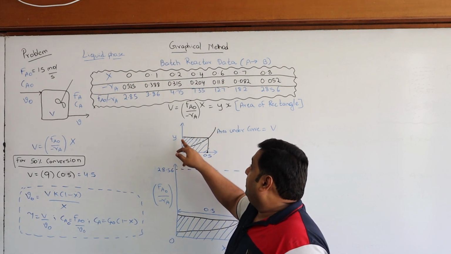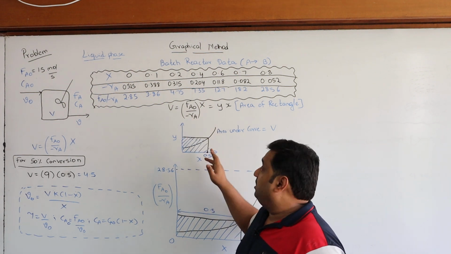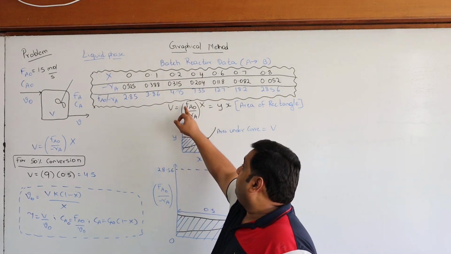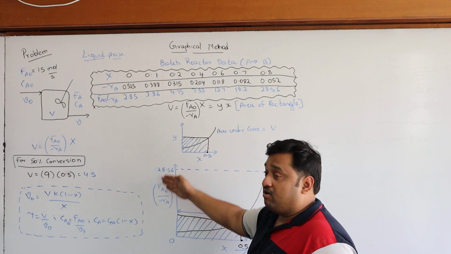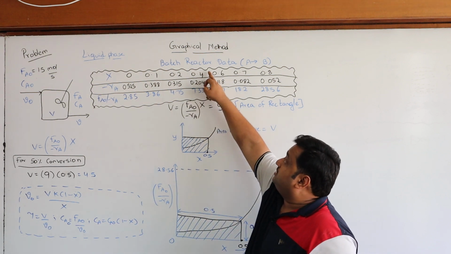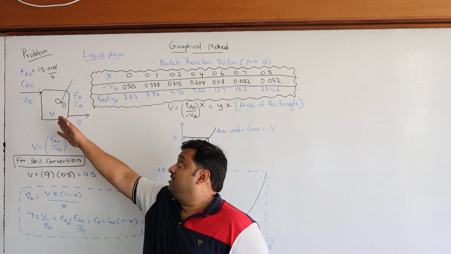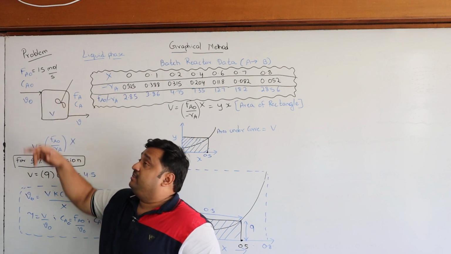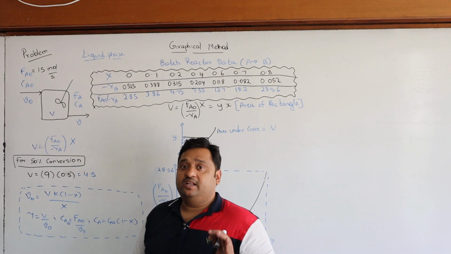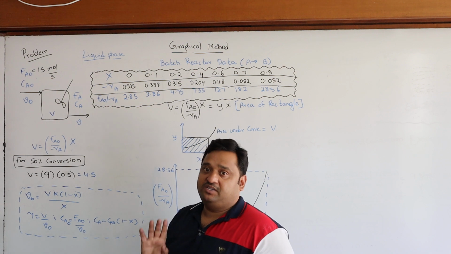For example, for 50% conversion, this is my data. If I plot Fa0 by minus Ra on the y axis and X on the x axis, I know Fa0. This is my reactor, and I want to maintain a flow rate of 1.5 mole per second. This is the molar flow rate at which I want to pump my reactants into the reactor.